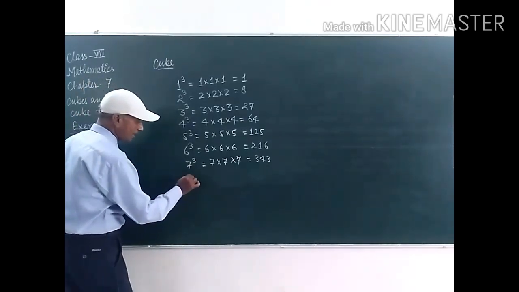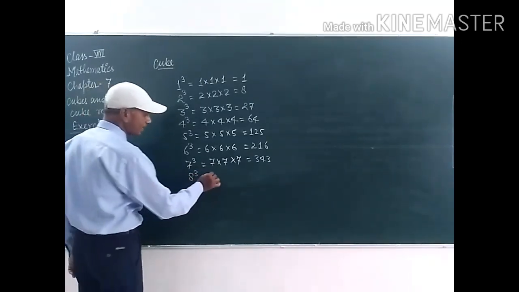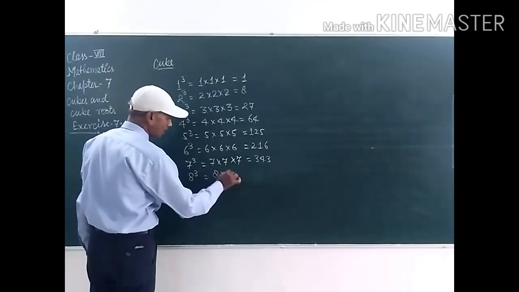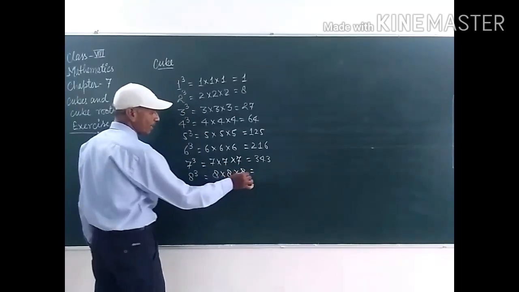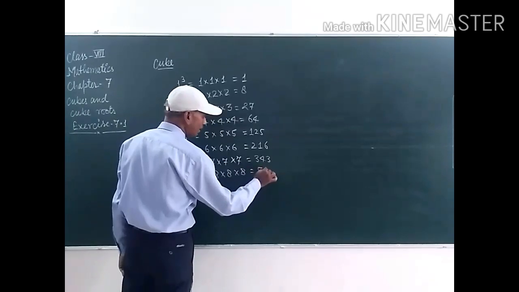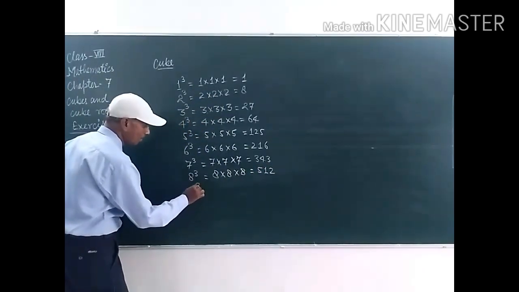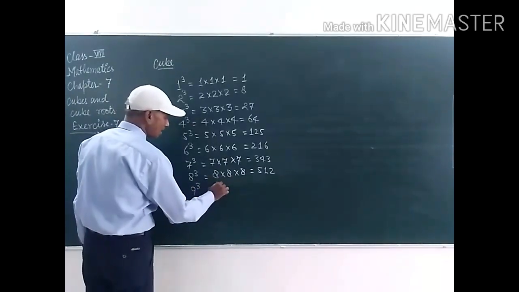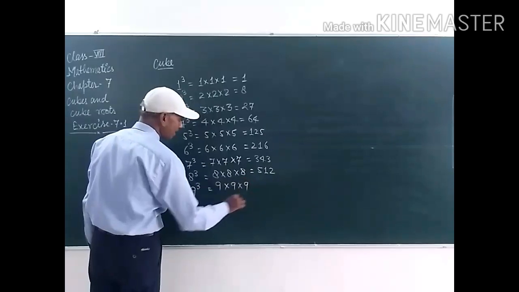Now the cube of 8 means we have to multiply 8 three times. 8 into 8 into 8. 8 eights are 64, 8 sixty-fours are 512. Now 9 cube means 9 multiplied by itself 3 times.